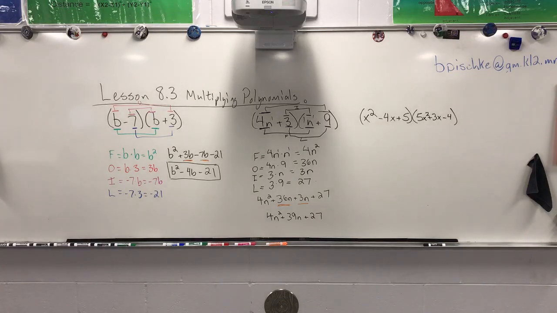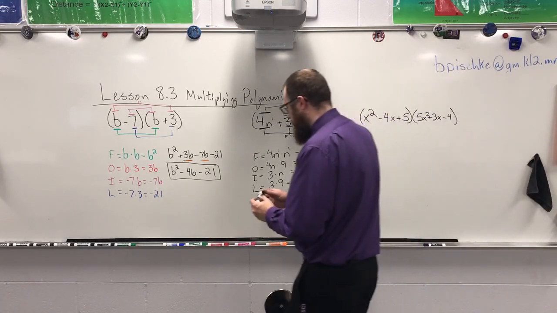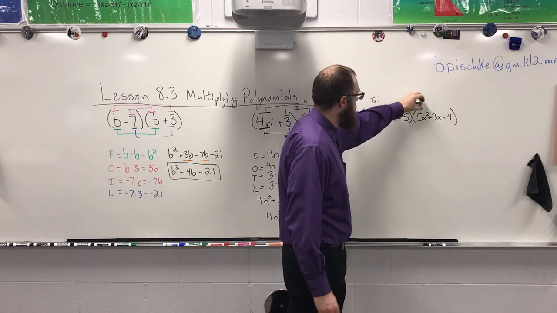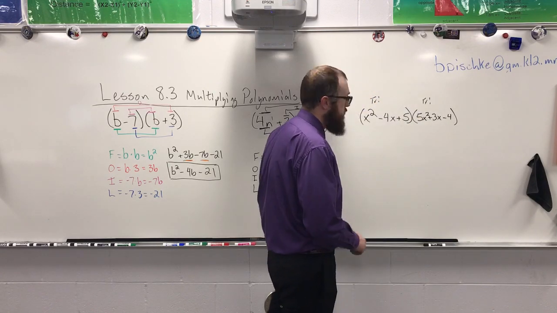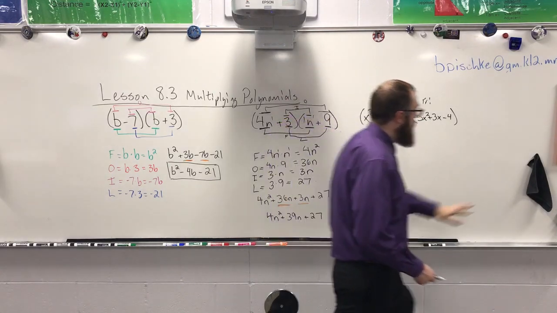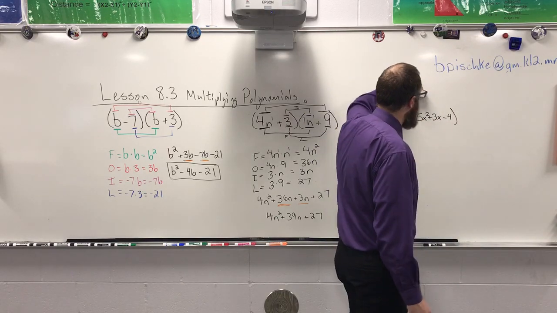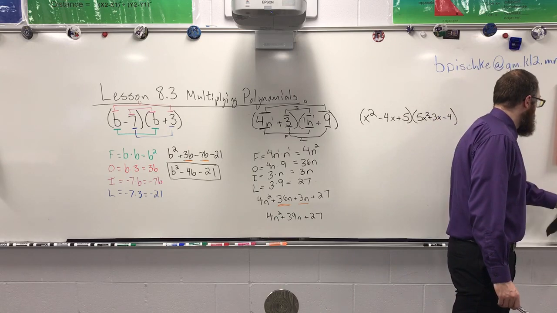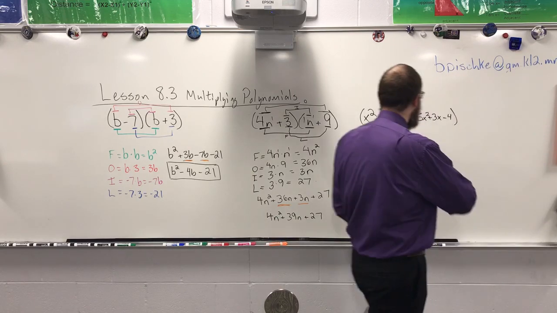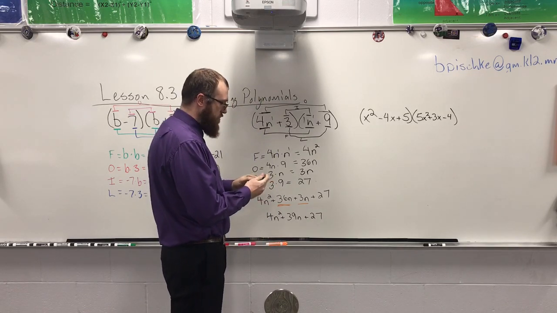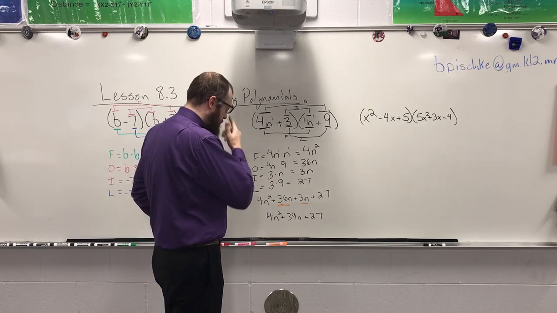To do our next problem, we're going to take polynomial times polynomial. This is trinomial times trinomial, which is worst case. They're going to have some binomial times trinomials and some trinomial times binomials, but this is the worst case, trinomial times trinomial.